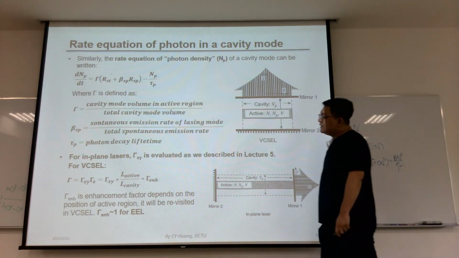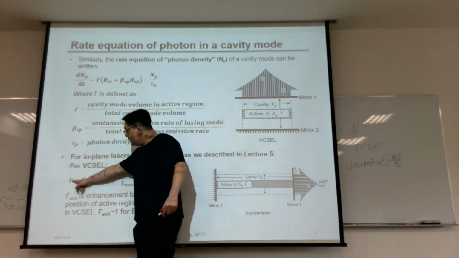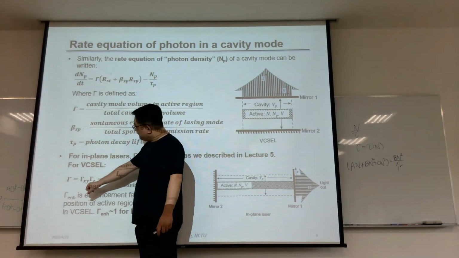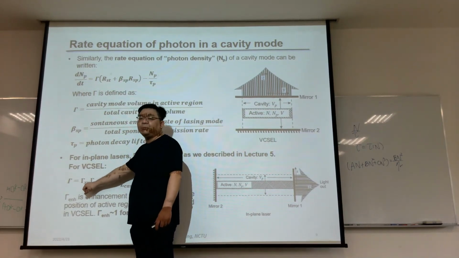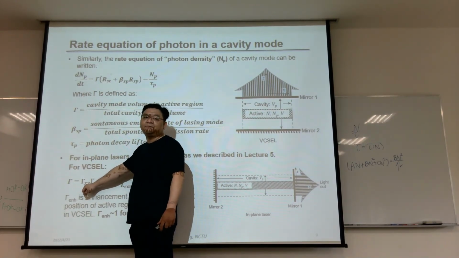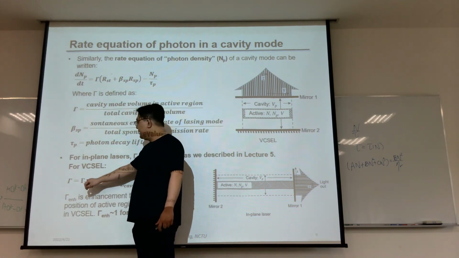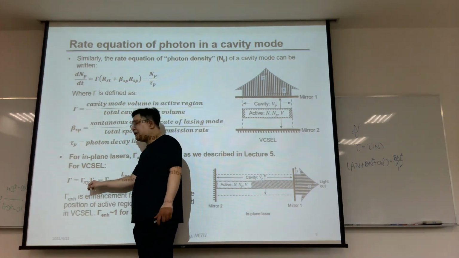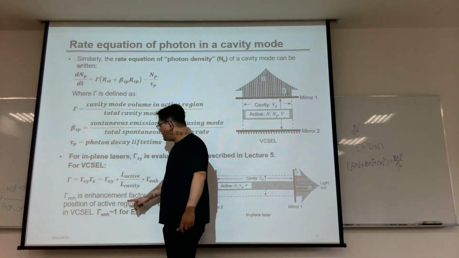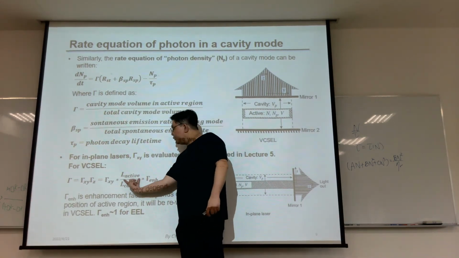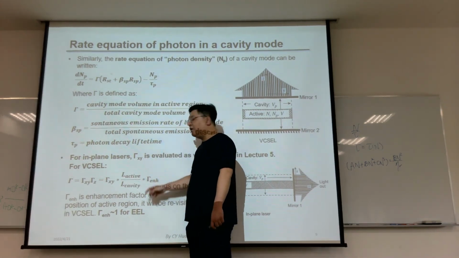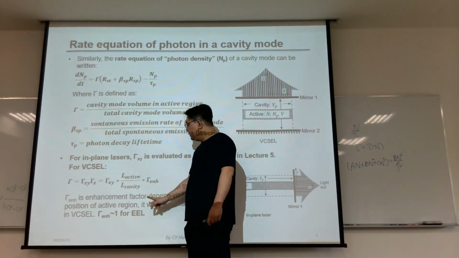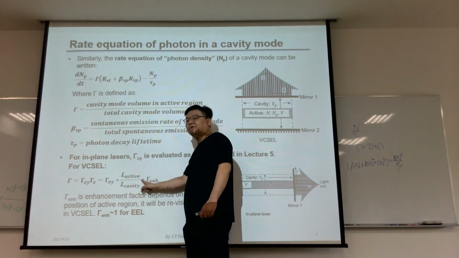So the total confinement factor needs to consider the confinement factor from the slab mode profile, and the actual confinement factor, which means the real length of the active region divided by the length of the whole cavity.